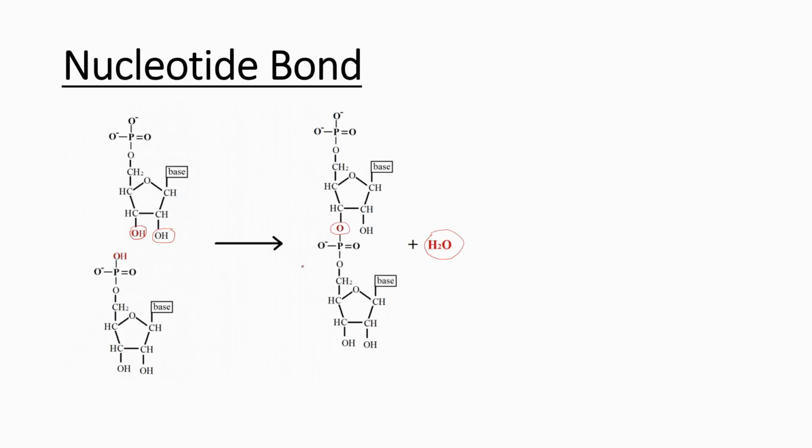So it's important also to understand that if we wanted to add another nucleotide to this dinucleotide, we would have this phosphate go and react with the OH of this carbon, and we will extend the chain this way.